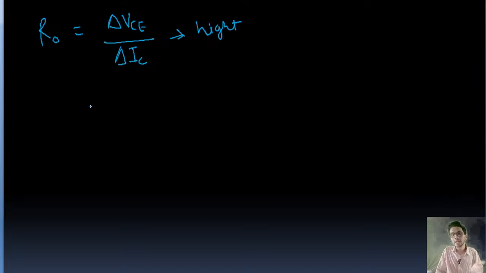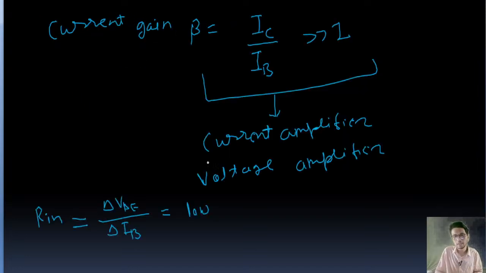Output resistance is high and input resistance is low, so this is a voltage amplifier as well. In both common emitter and common base configurations, we have seen the output resistance is high and the input resistance is low.